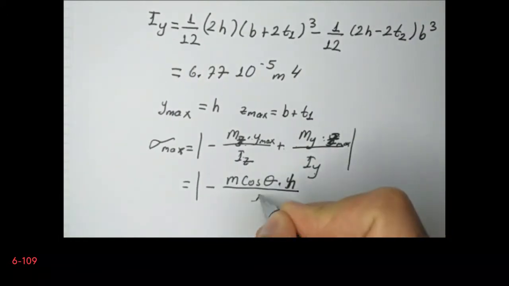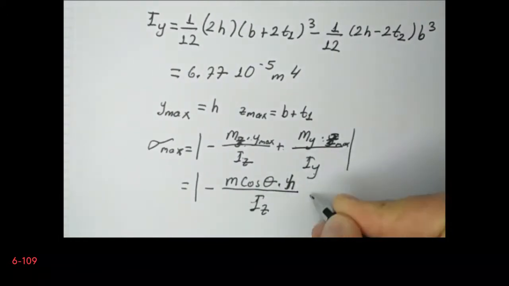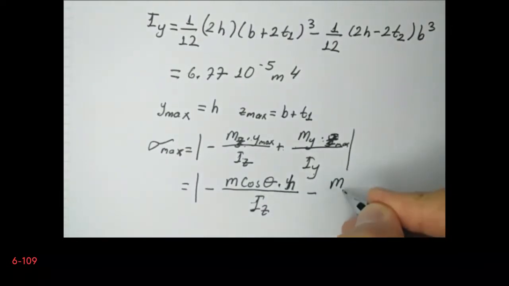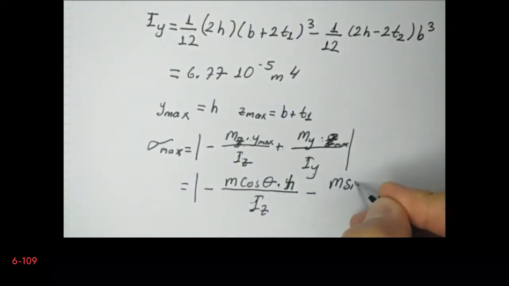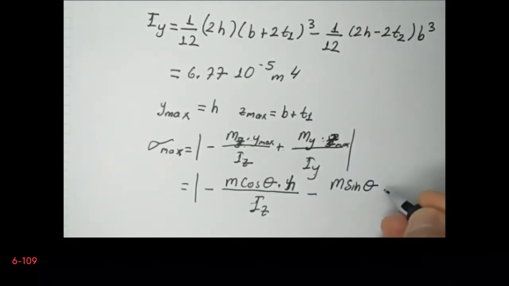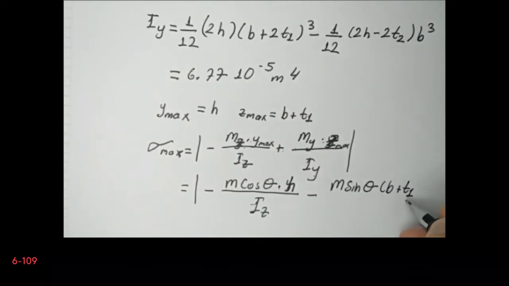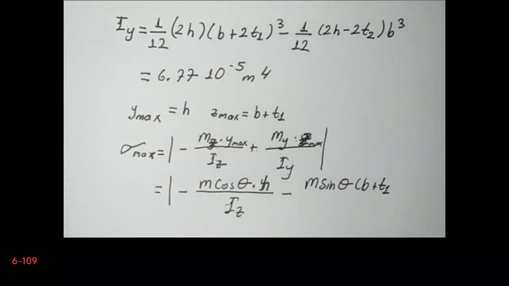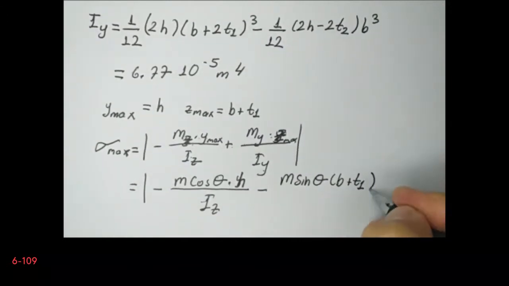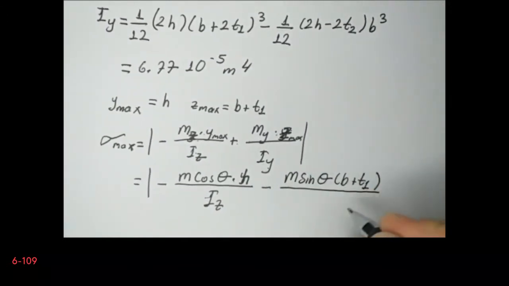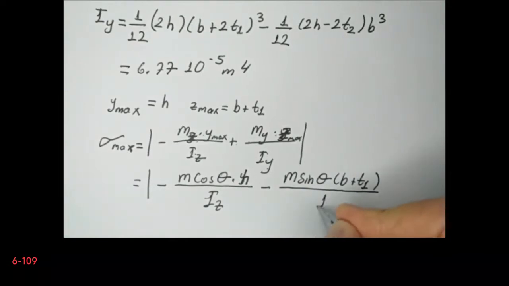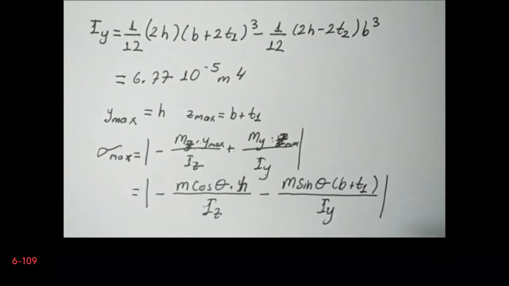My is negative, so this is minus M multiplied by sine theta multiplied by z max. Z max is equal to b plus T1, divided by Iy. So M is given in the problem already.